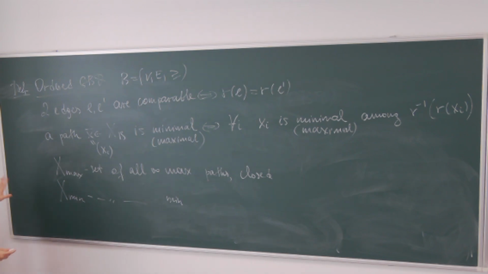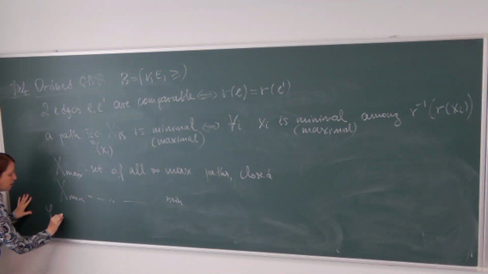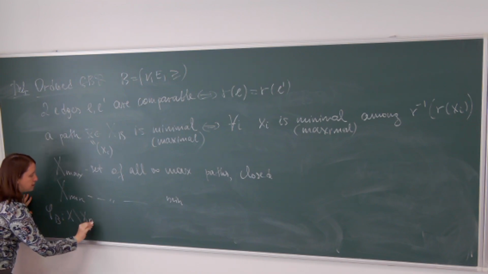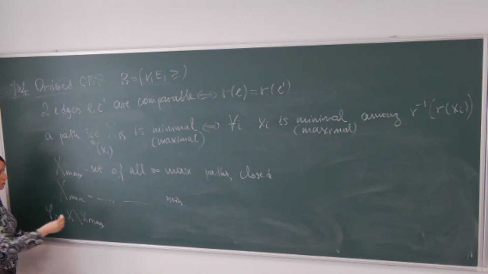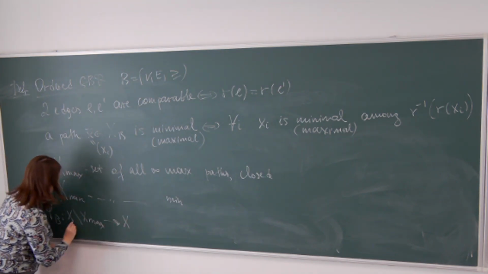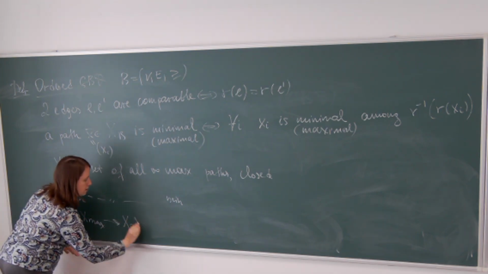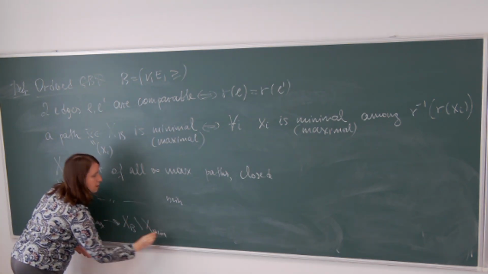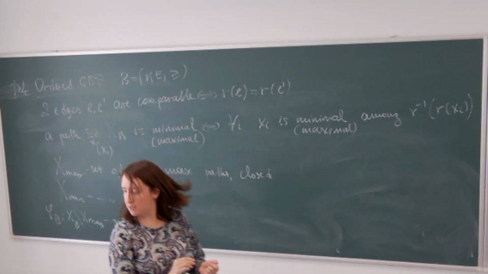And now we can define the Vershik map. So first let's define a map from the set of non-maximal paths onto the set of non-minimal paths. And let's define it as follows.